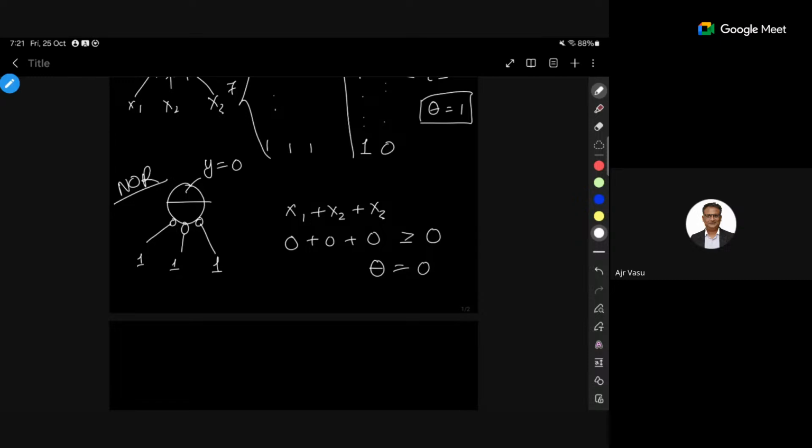Then the threshold should be such that the summation is greater than or equal to theta. So if I set theta equal to 0, then this will work. Okay, got it.